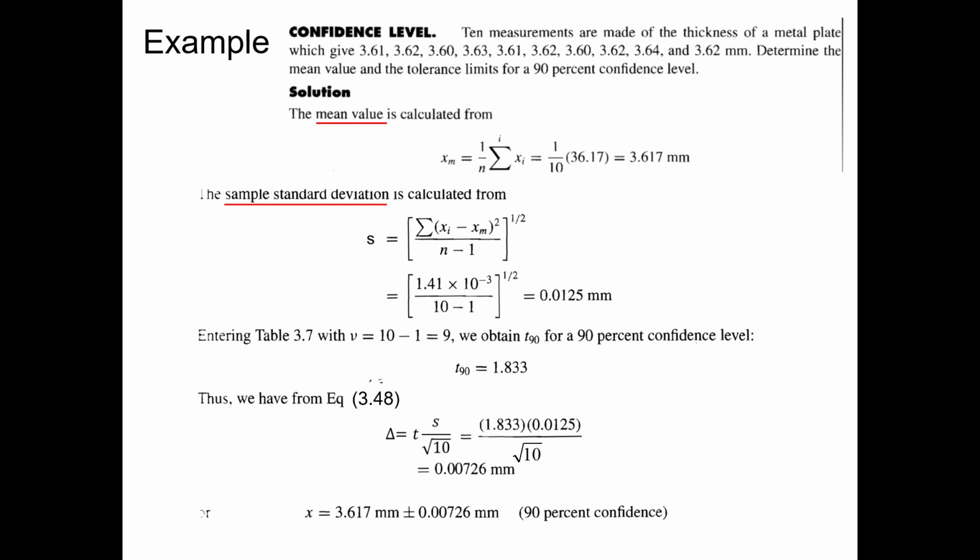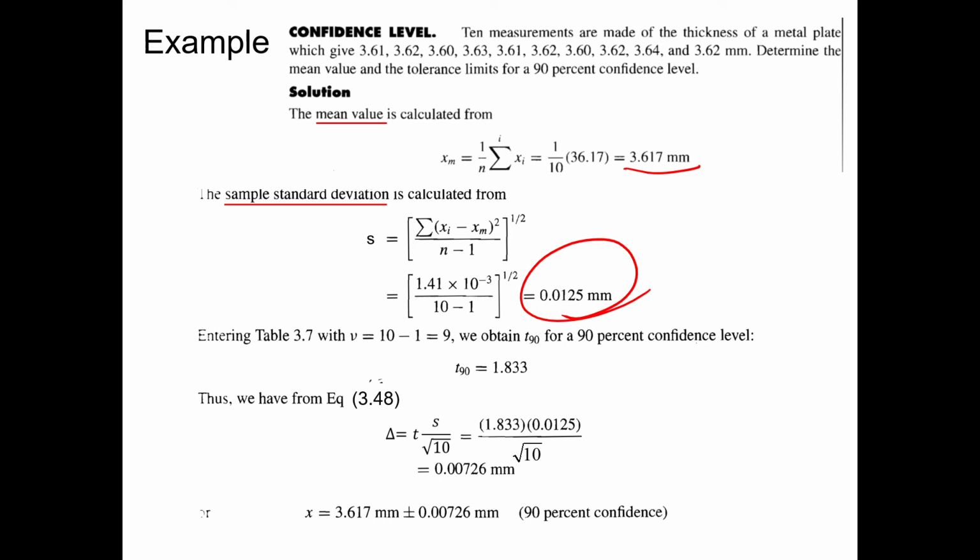Let's solve another example. Let's say we have 10 measurements of the thickness of a metal plate, given by this. We want to determine the mean value and the tolerance limit for a 90% confidence level. The first step is, of course, to find the arithmetic mean value. If you do the calculations, you can find it to be 3.617, and the sample standard deviation, for which we also have the formula, is going to be 0.0125.